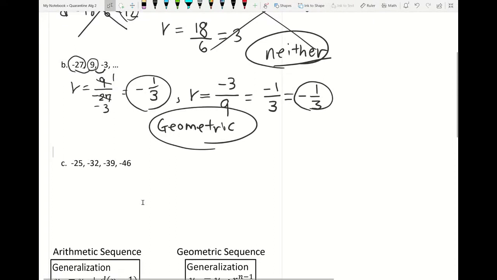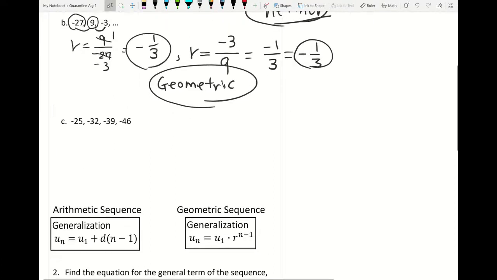Next question, C. Now, let's just check to see if it's arithmetic. Okay. Can you figure out how to do that? So to check and see if it's arithmetic, we find the difference.